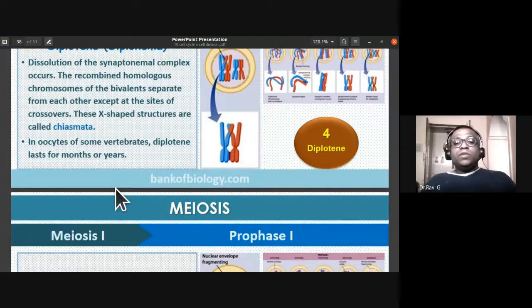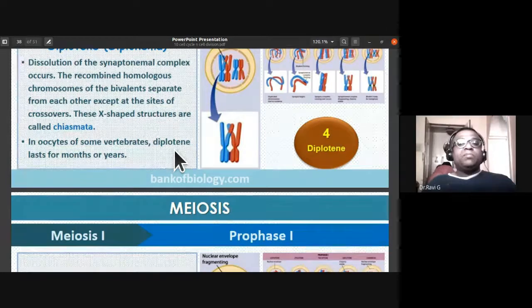In oocytes of some vertebrates, the diplotene stage of prophase 1 lasts for many months or years together. So remember the diplotene stage, where there is dissolution of the synaptonemal complex and formation of chiasmata, the X-shaped structures.